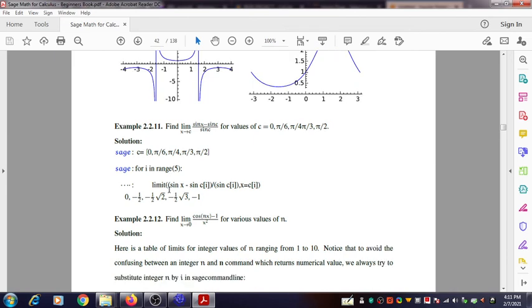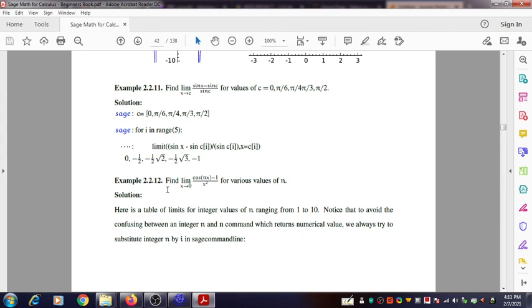And this is a special question. You can see how this question works when it is implemented in SageMath.